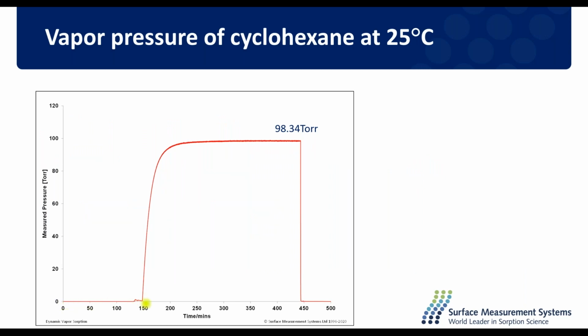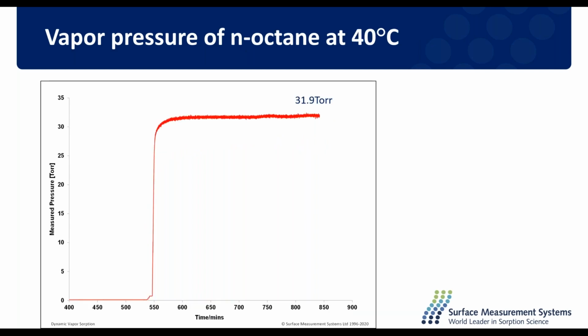Here the sample is being introduced to the vacuum. We see pressure is increasing until it stabilizes at around 98 torr. Same with octane. Equilibration is relatively fast at around 32 torr. And this is at 40 C.